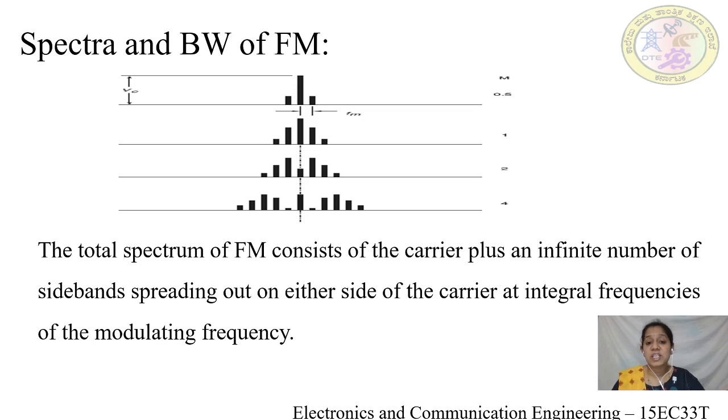Similarly, if we increase the modulation index further, we can have more sidebands. It can also be observed that the levels of these signals are different at different modulation indices.